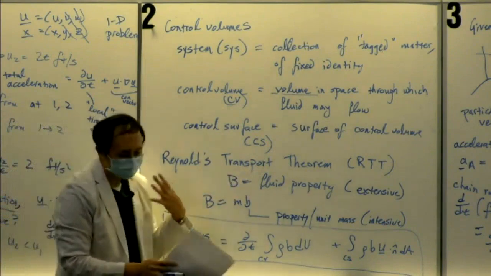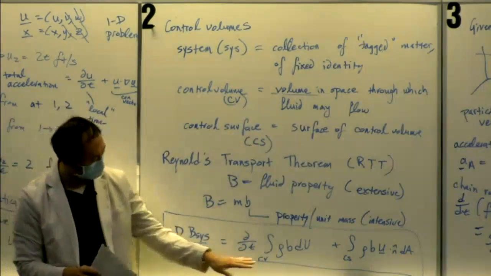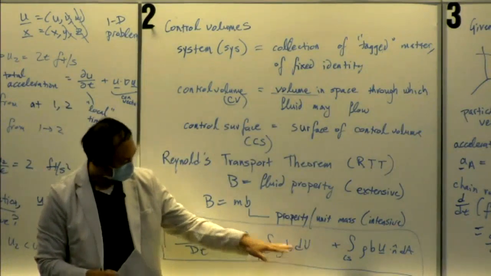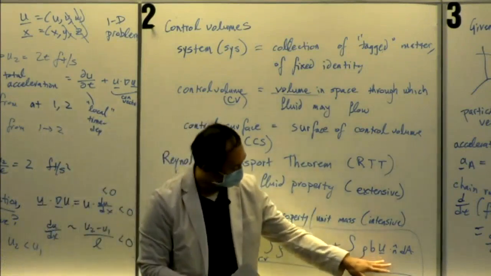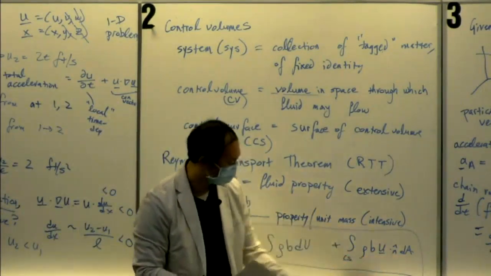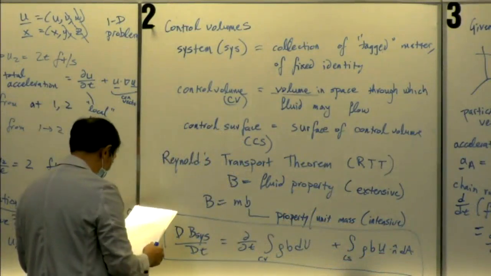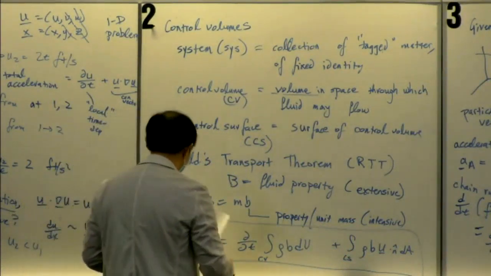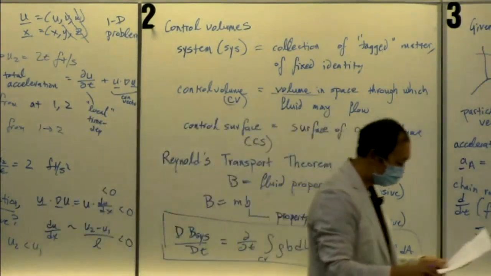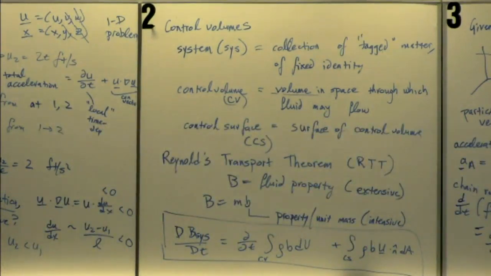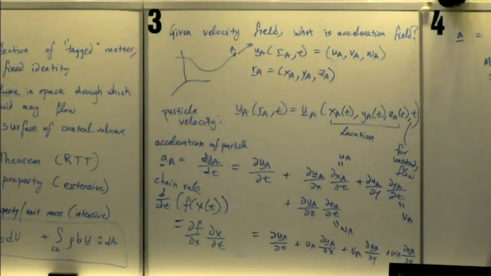But again, just like the definition of material derivative, there are two aspects: one that's a time-dependent part, and one that's due to convection, going from place to place. So this dB_system/dt, let me leave it there so people can copy.